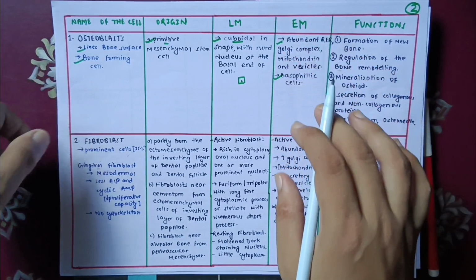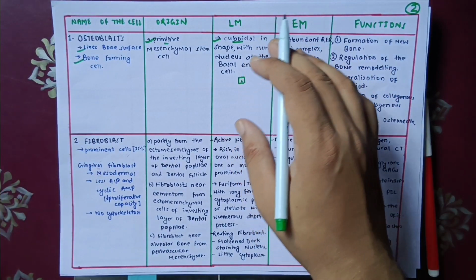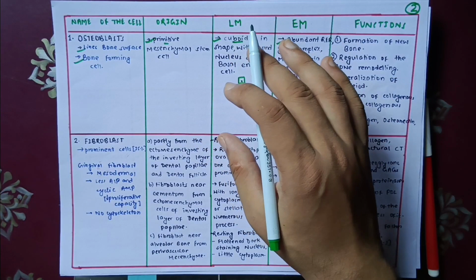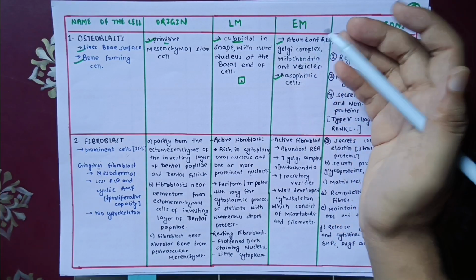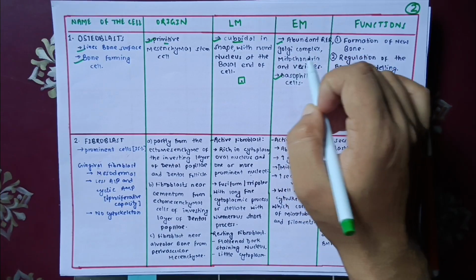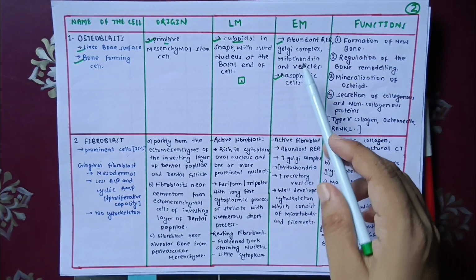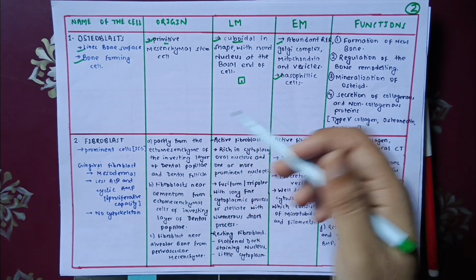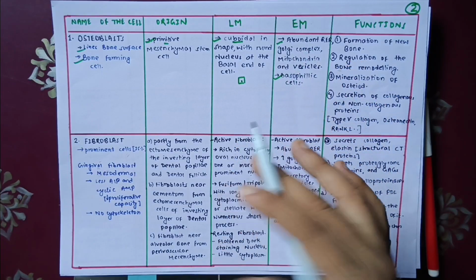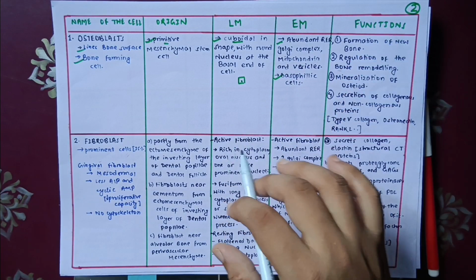So they should be abundant, and that is the concept. It is similar in the fibroblast and the cementoblast, as all three are synthetic cells, but it will be different in the resorptive cells, which we'll discuss now.